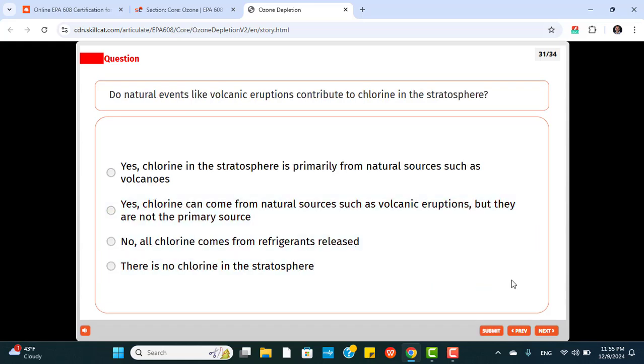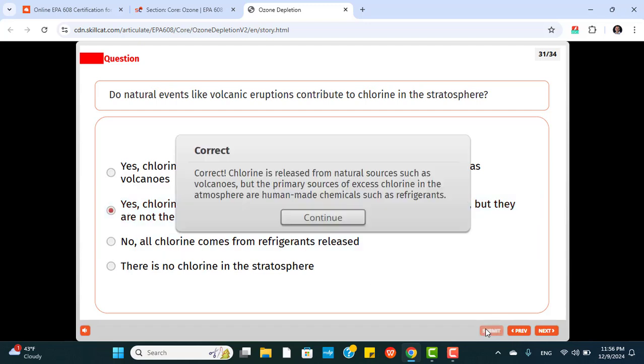Do natural events like volcanic eruption contribute chlorine to the stratosphere? Yes, chlorine can come from natural sources such as volcanic eruption, but they are not the primary source. Correct.